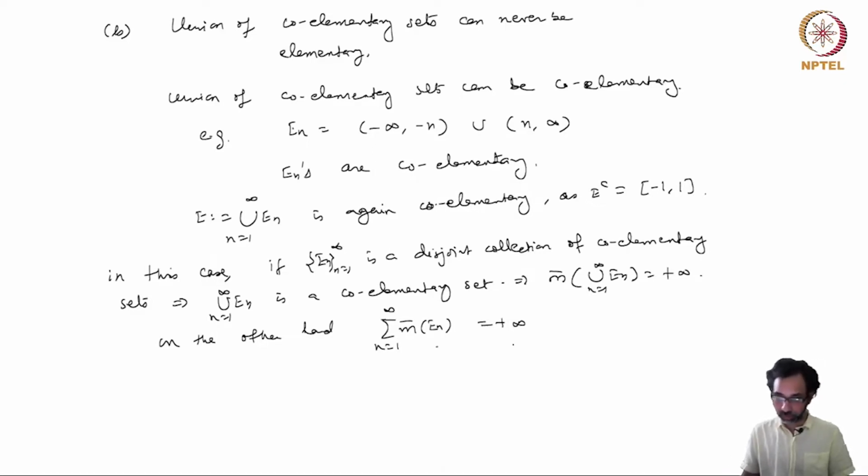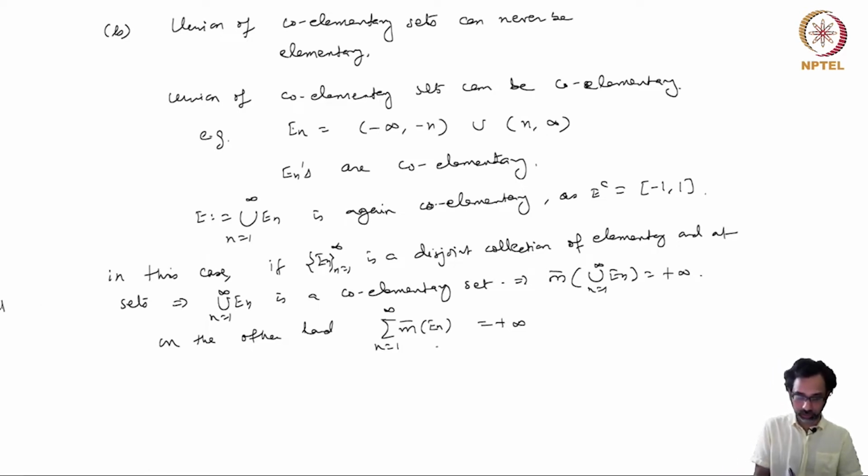So even if one E_n is co-elementary, so let me write not just a disjoint collection of co-elementary sets, but a disjoint collection of elementary and at least one co-elementary set, then this means that the union is a co-elementary set, and you have plus infinity on both sides.